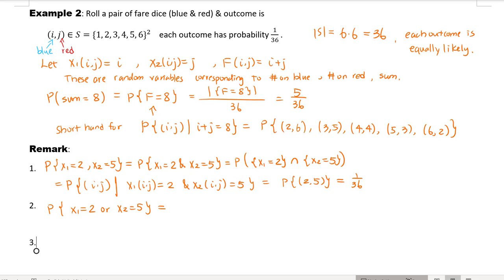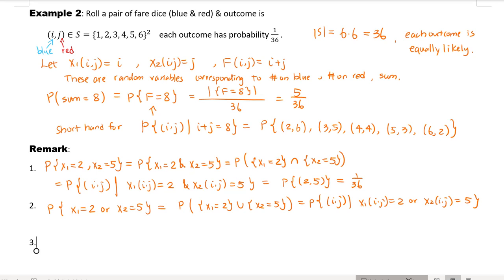Well, if instead of and, now we have or, this means this is the event x1 equals 2 union the event x2 equals 5. And this is the same as P of (i, j) such that x1 of (i, j) equals 2 or x2 of (i, j) equals 5.